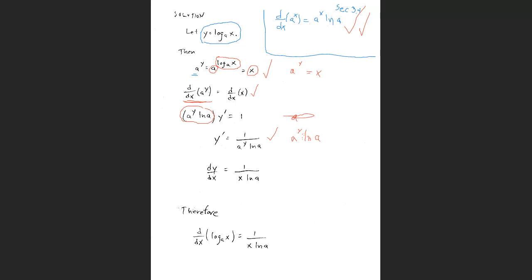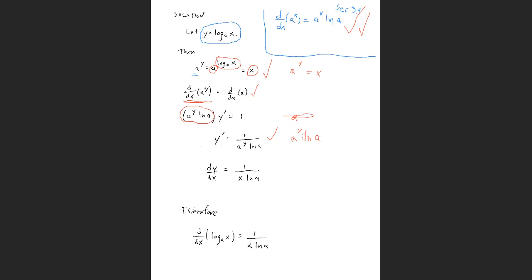The log of a would also, hold on here. See, the log of 1 is 0. Okay, the log of 1 is 0. So I'm assuming in this derivation that a cannot equal 1.